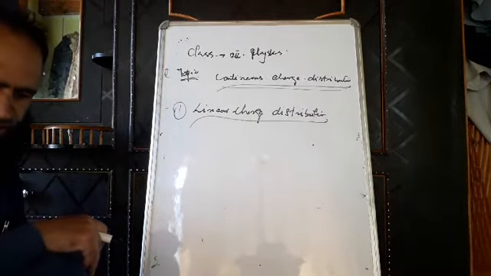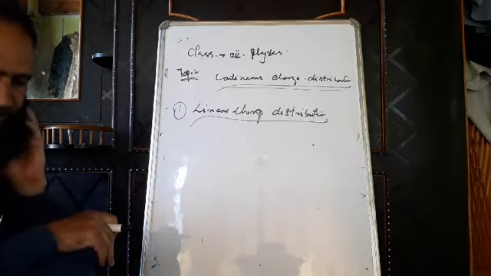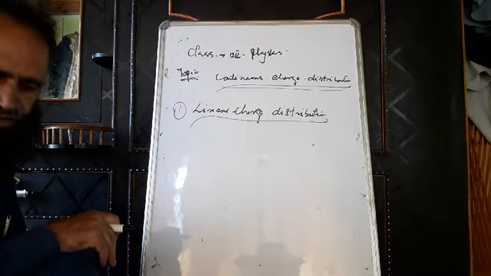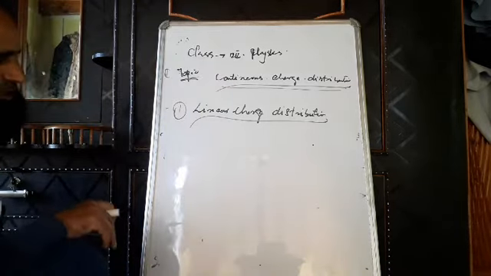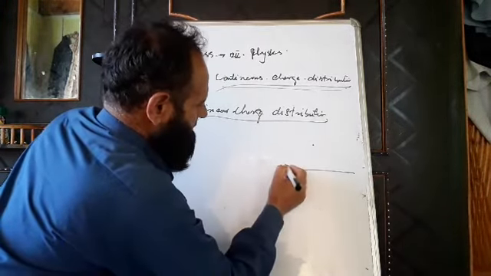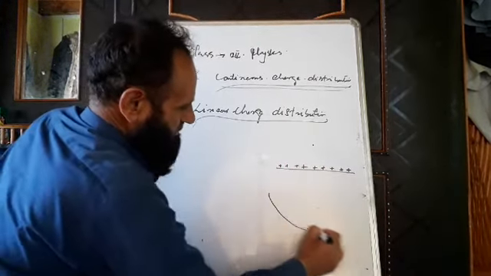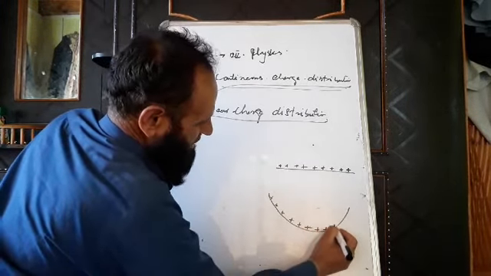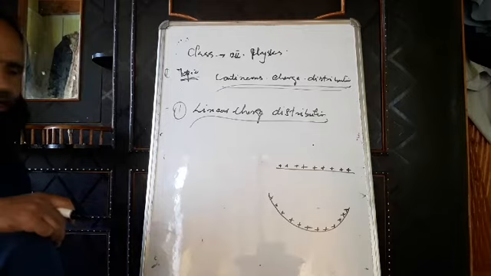When the charge is distributed continuously over a straight line or over the circumference of a circle, in this case we use the term linear charge distribution or linear charge density.